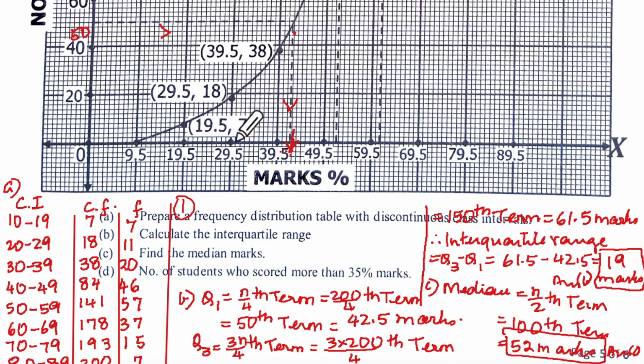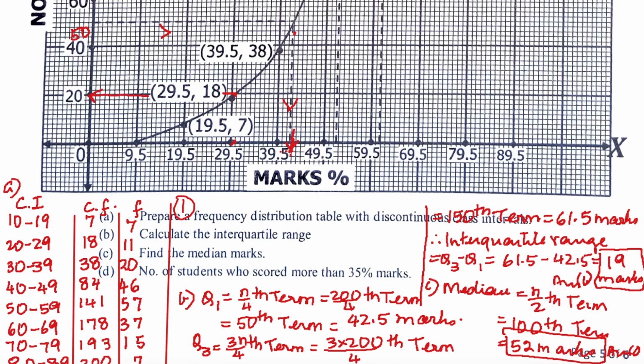Okay. Number of students who scored more than 35%. Where is 35%? They have not shown the mark. So this is 29.5. For more than 35, you will have to take half of this division and come here. It will be this line and this line. Did you understand this part? Sorry, it's 35.